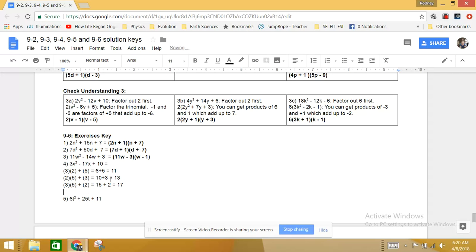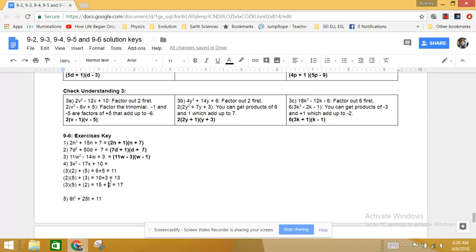So I've got what I need. I need to have a 3 times 5 as either my inside or my outside, and I need a 2 times 1 for my other one. If 3 times 5 is my inside, then 2 times 1 has to be my outside. But I remember that my middle term is negative, so I'm going to have to make both of those products negative.